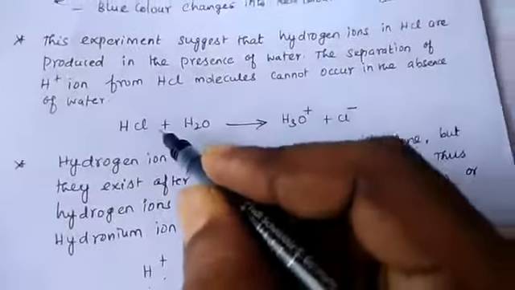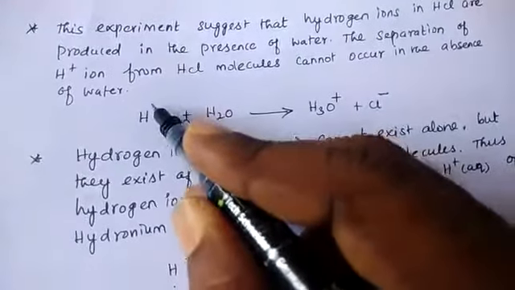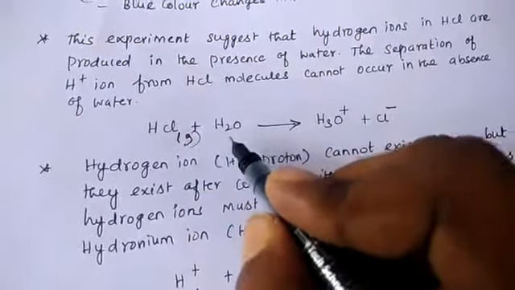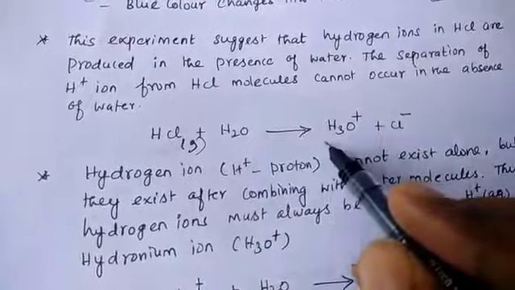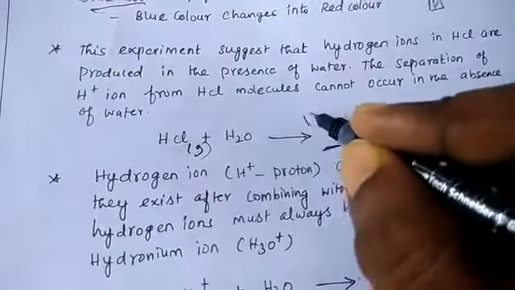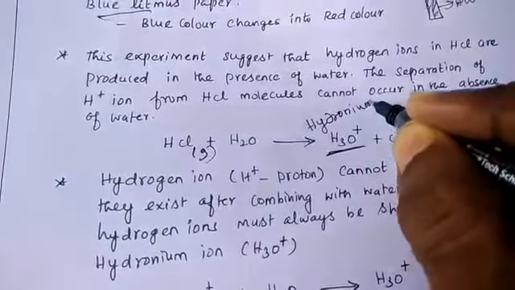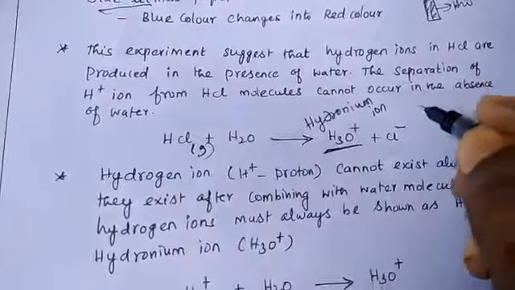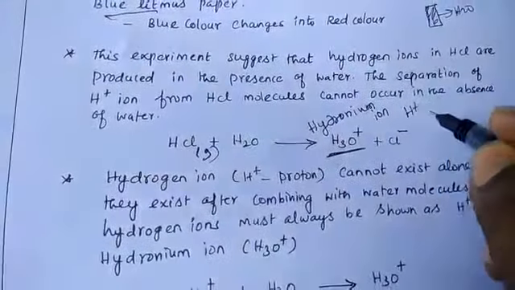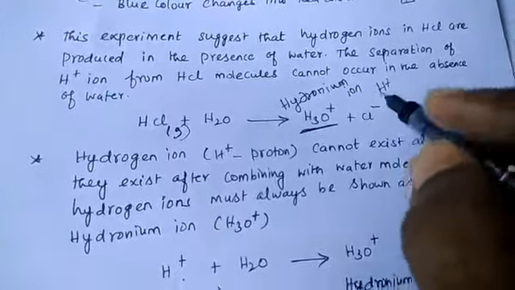Now we see the equations. When HCl gas is passed through water, it forms the H3O plus ion, which is known as the hydronium ion. Another name for it is H plus, because the H plus ion is a hydrogen ion, which is a proton.